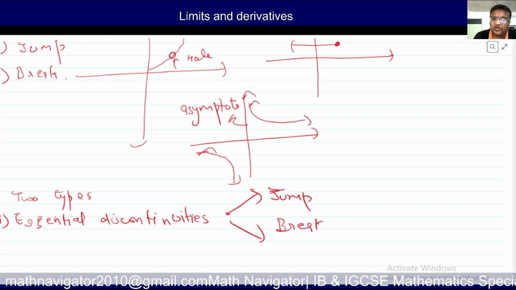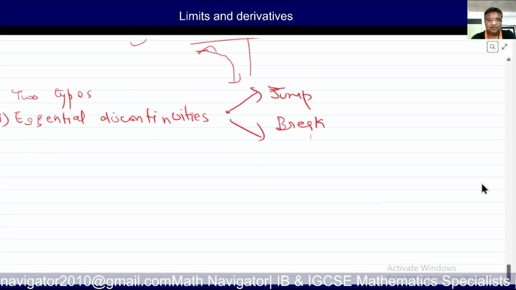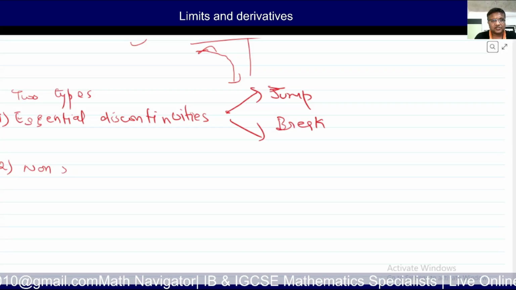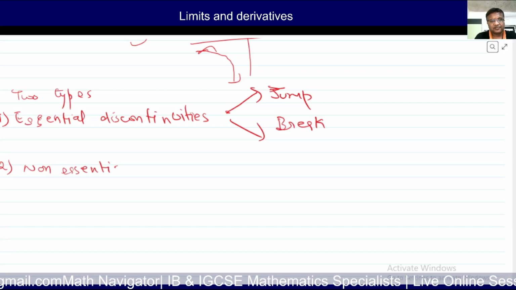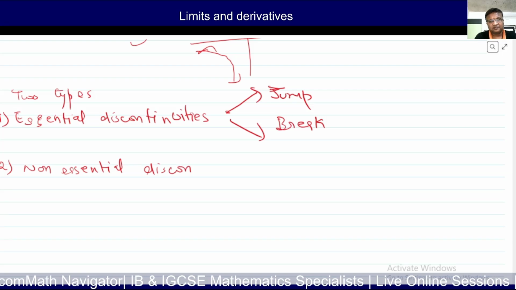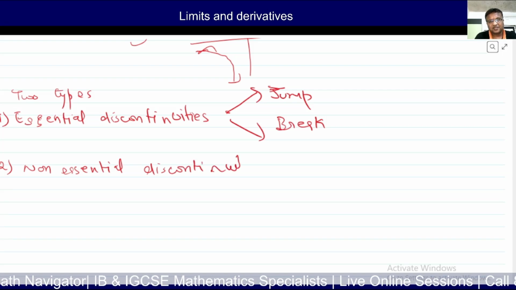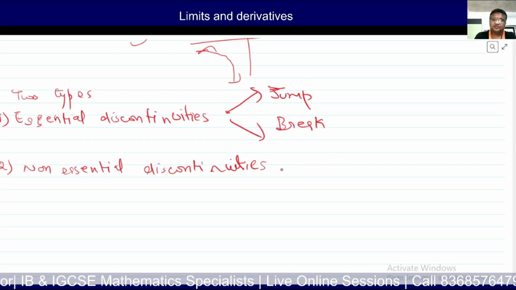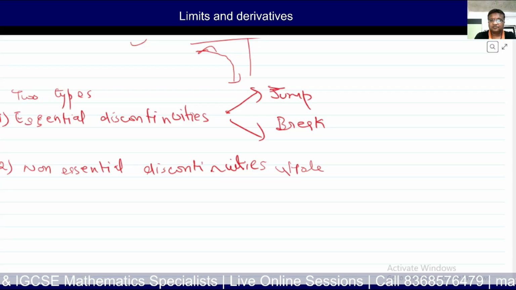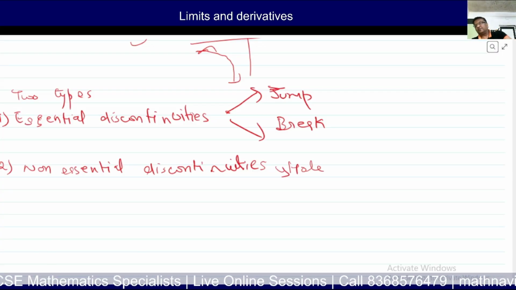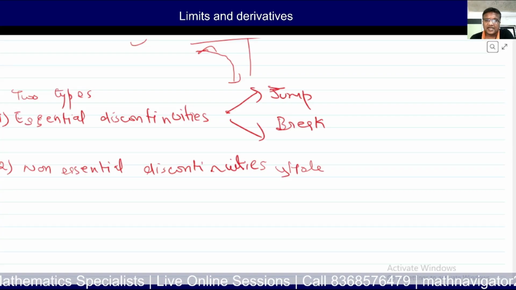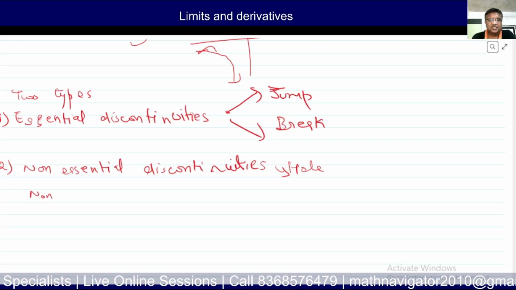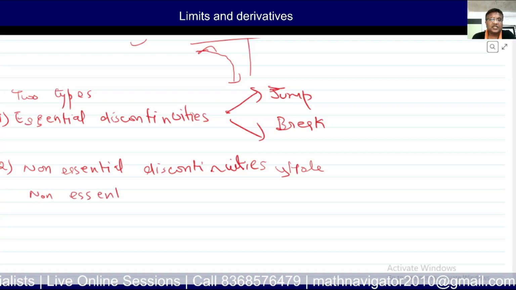That means these discontinuities cannot be removed. But then I have non-essential discontinuity. Right? So I'll give you an example of essential and non-essential discontinuities. Let's say first I'll talk about non-essential. These discontinuities can be removed.